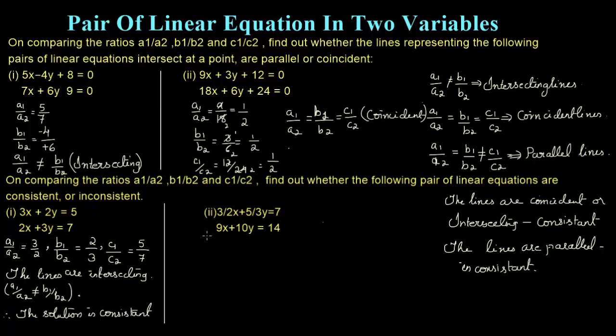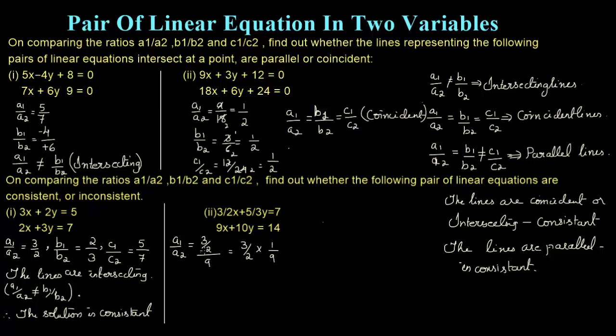Now coming to the next problem, let us find out whether this is consistent or not. Let me find the ratio a1 by a2, which is equal to 3 by 2 divided by 9. If it is like that, 3 by 2, then this 9 will go to the denominator, so it will be 1 by 9.